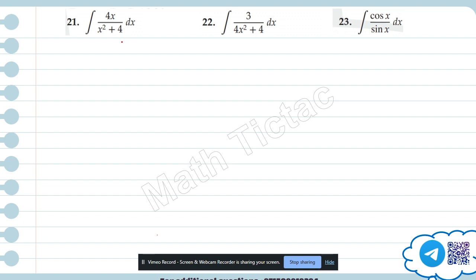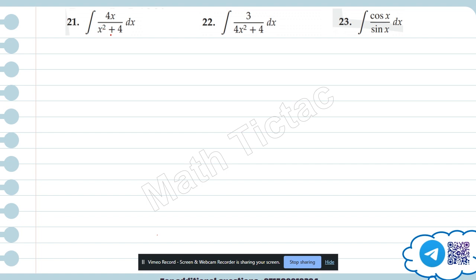Or you can think about the ln, because if we have the function in the denominator and the derivative of the function in the numerator, then we can find the integration by using the ln. In here, this is not one of the rules of the inverse functions.